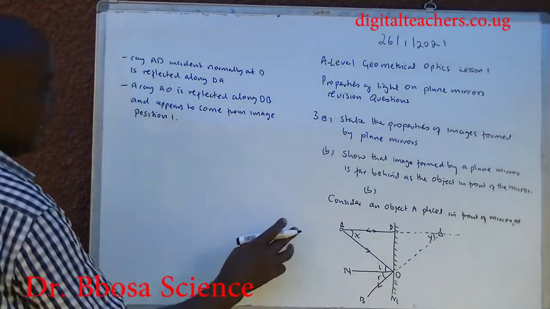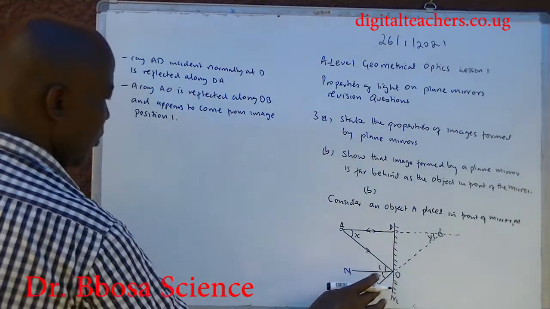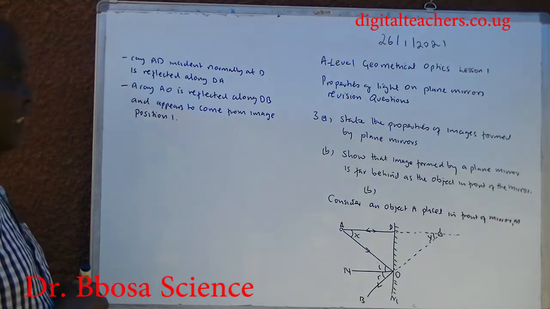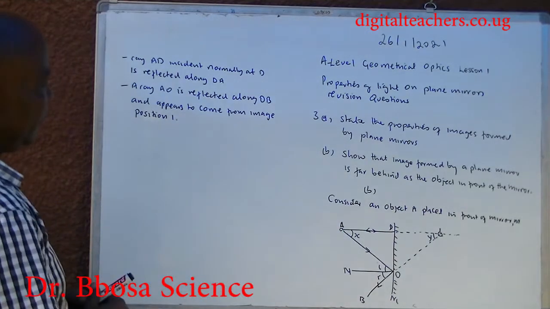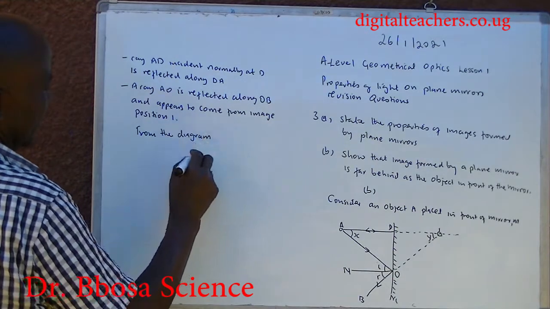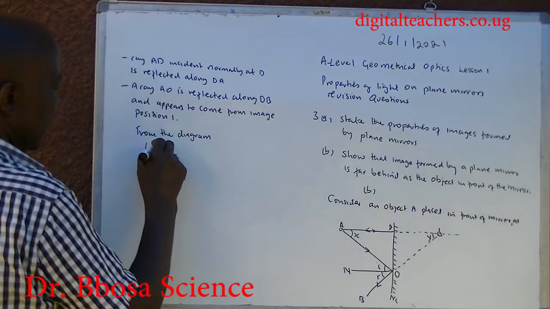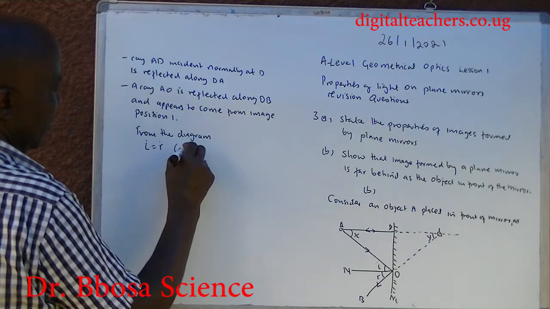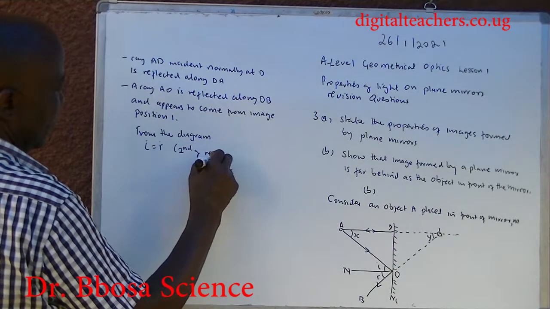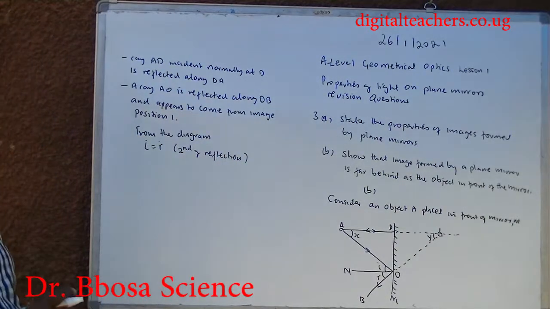A ray AO is reflected along OB and appears to come from image position I. From the diagram, I is equal to R from the second law of reflection, where incident angle is equal to reflected angle.